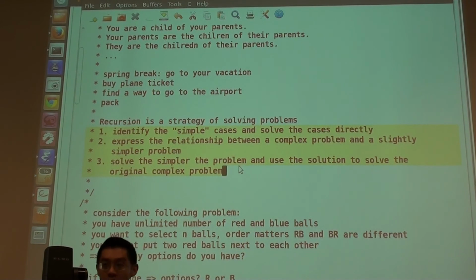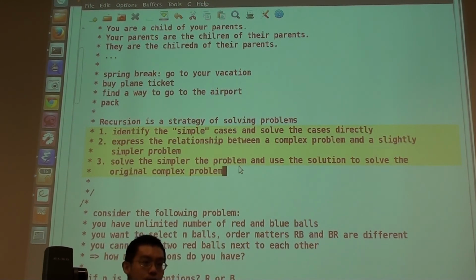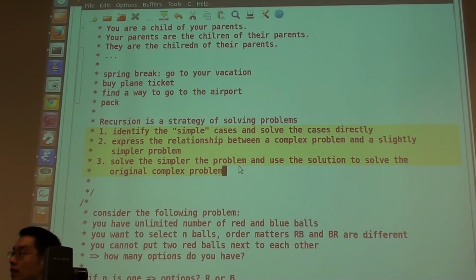Then if the number is bigger, let's say bigger than 1 and 2. If the number is 4, 4 can be 1 plus 3, right? 1 and 3 both are prime numbers. Or 4 can be 2 plus 2. 2 is a prime number, so 2 plus 2, both are prime numbers. 4 cannot be a partition of itself, because 4 is not a prime number.